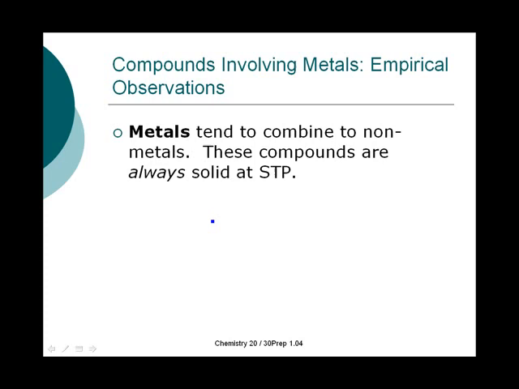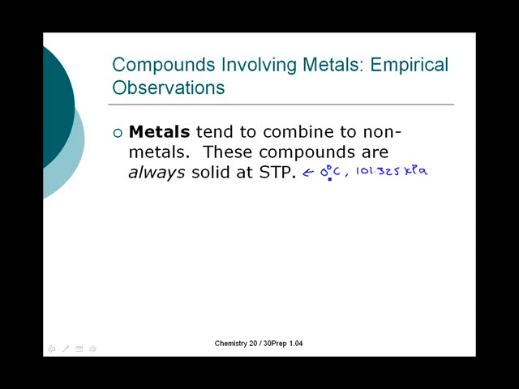When we look at the metals, in nature they tend to combine to non-metal elements, so they form compounds that are called salts. And these compounds are always solid at standard temperature and pressure, or at 0 degrees Celsius and 101.325 kilopascals.